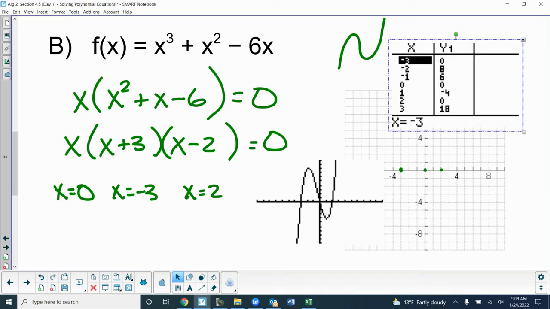The zeros are when the y is 0, because you're on the x-axis then. There, here at -3, 0, here at 0, 0, and here at 2, 0. Okay? The calculator can help you through this stuff. Is that making sense? Okay.